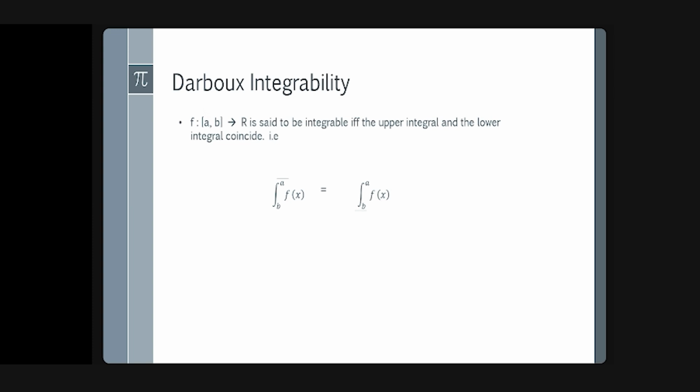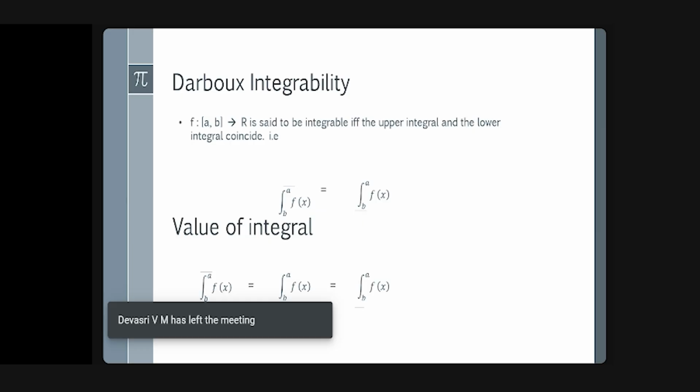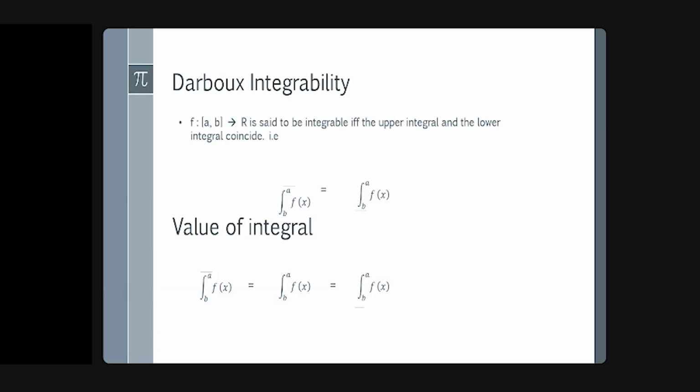That means they point at the same area, the same value which I want to find as my integral. Therefore, now we know the value of the integral as well, right? So when upper and lower integrals are the same, they point to the same value, and that same value we are calling our integral. That being done, we are done with integrability and integration.